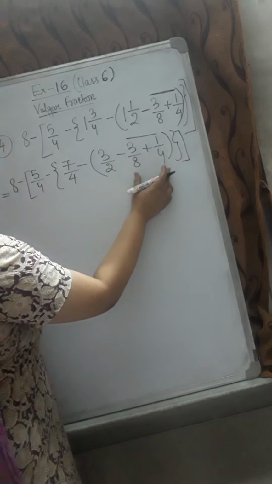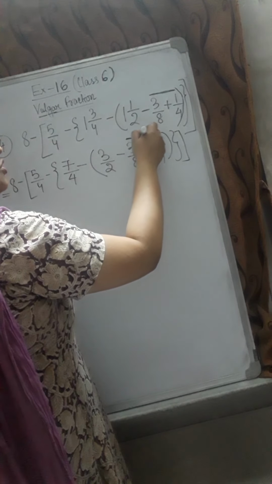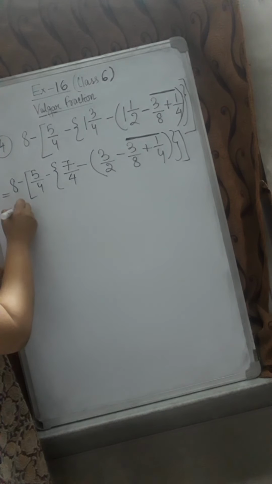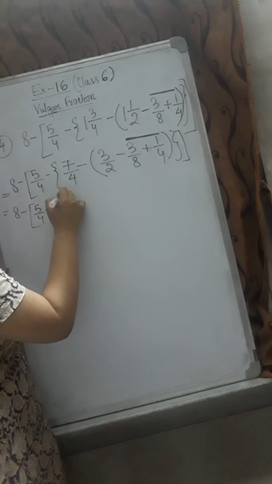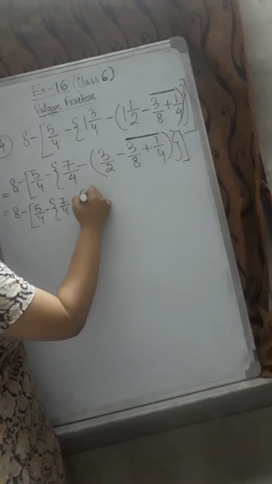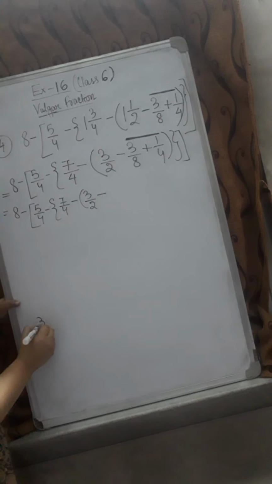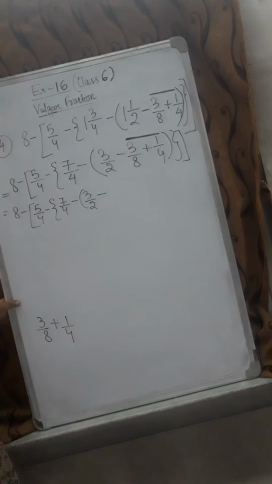Next step, we have to solve the bar bracket. Now see, the bar is in front of which number? Only above 3/8 plus 1/4. So we will solve only this portion. 3/8 plus 1/4.